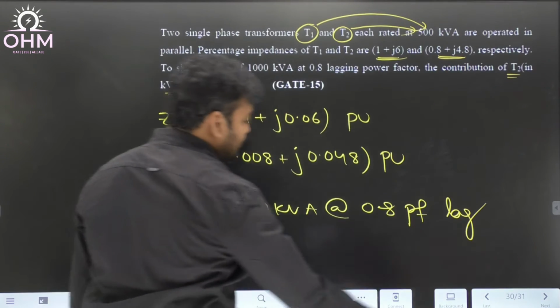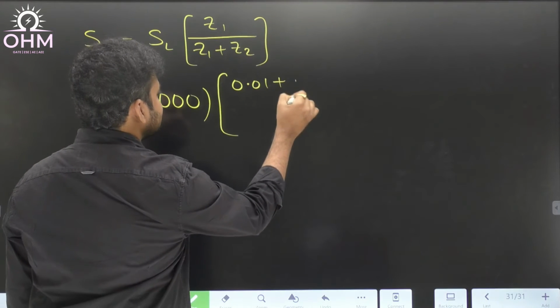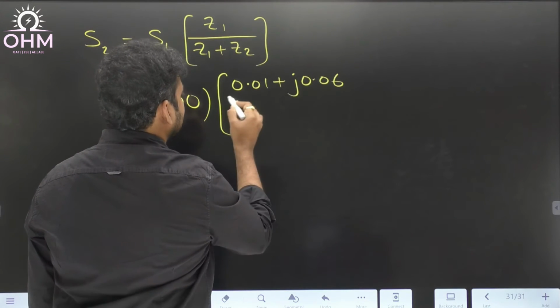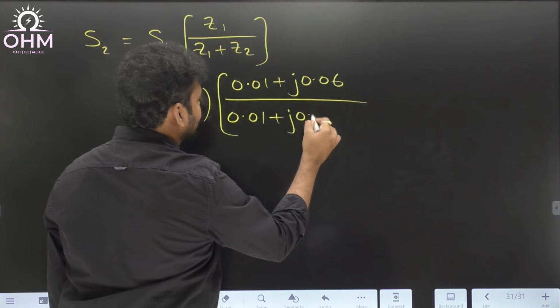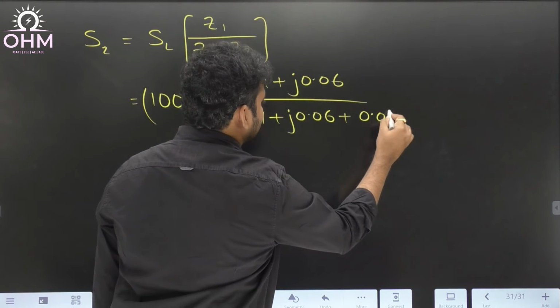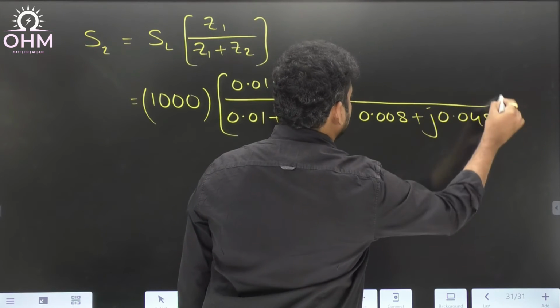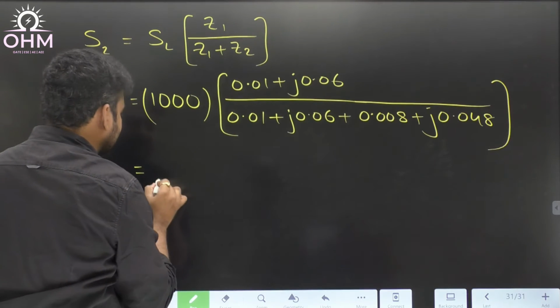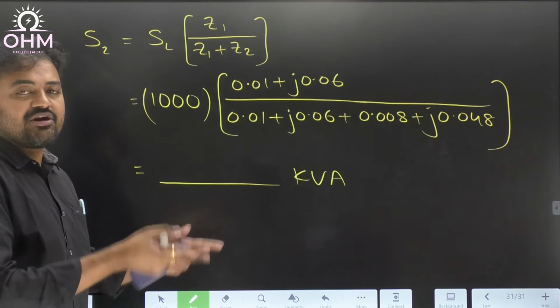What is Z1? 0.01 plus j0.06, divided by Z1 plus Z2, that is 0.01 plus j0.06 plus 0.008 plus j0.048. If you solve this, you will get the kVA sharing of the second transformer.